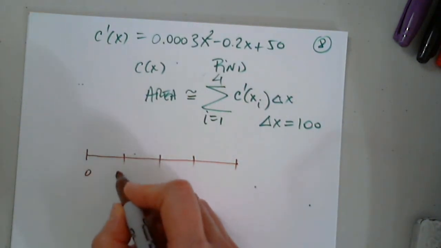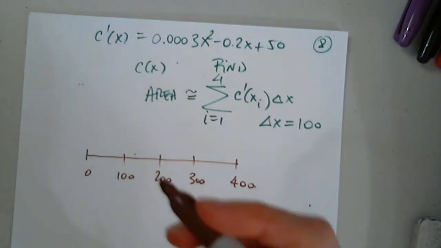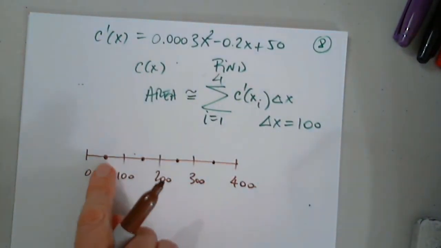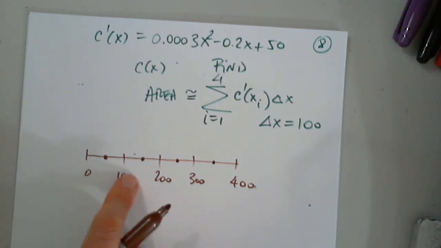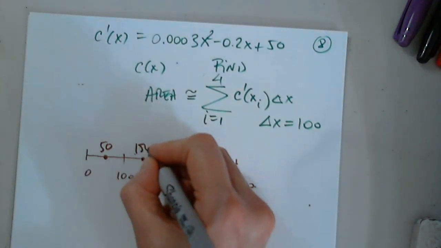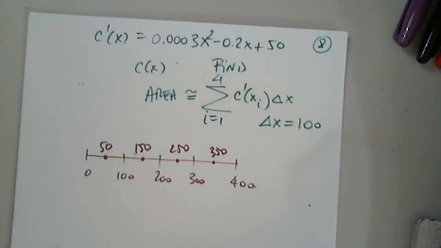If we want to use the midpoint, so this was 0 and this is 100, 200, 300, and 400, we have to determine the x-coordinate of the midpoint. So this is obviously 50. This is 150. This is 250. And this is 350.